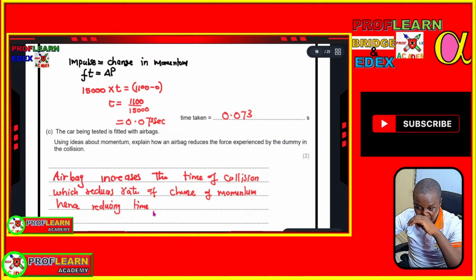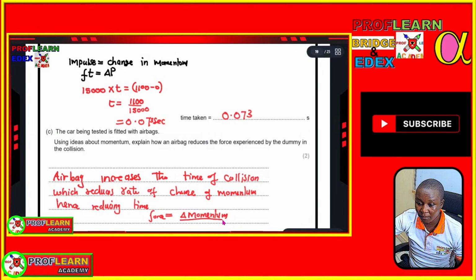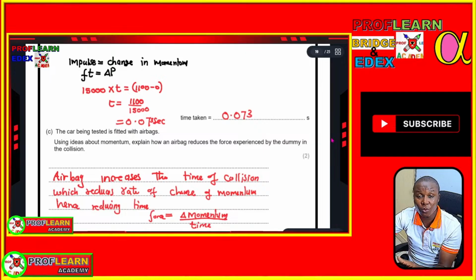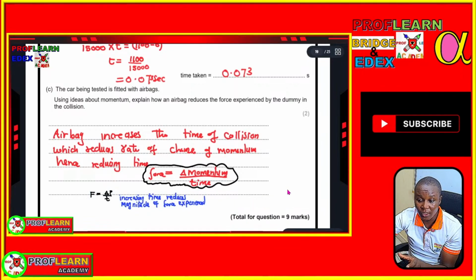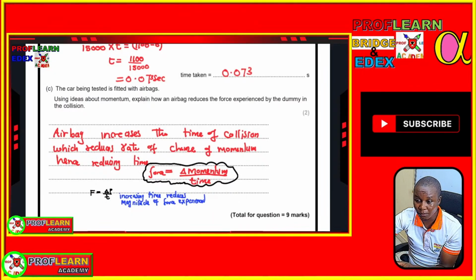It increases the time of collision or time of impact, which reduces the rate of change of momentum, because we said force is equal to change in momentum over time. So if you have more time, you are going to reduce the force. If you increase the time, you are going to reduce the amount of force experienced by the person who hits the dashboard.